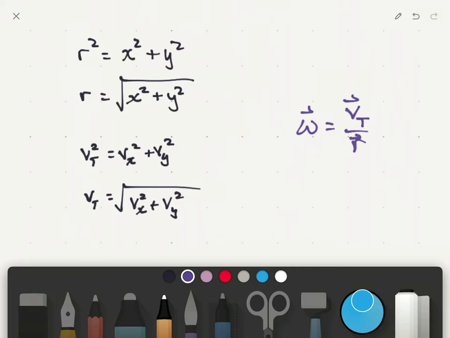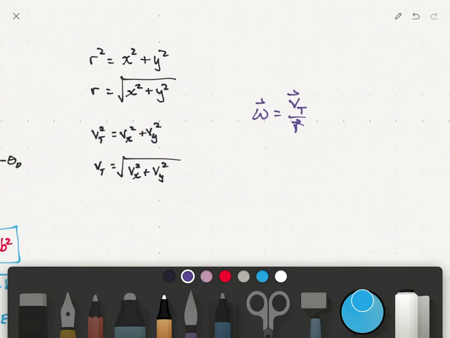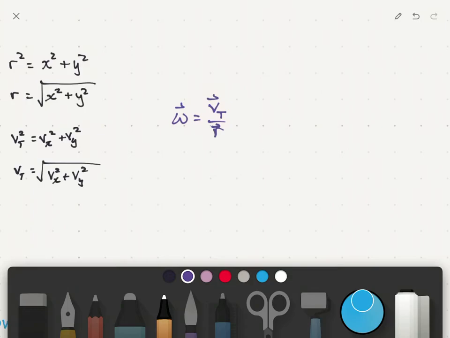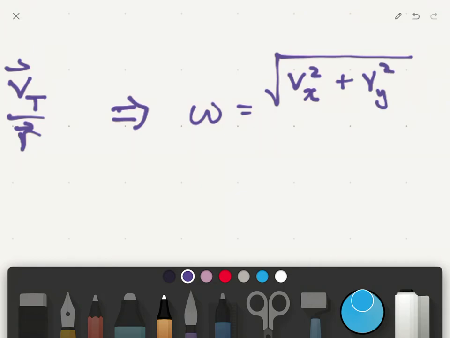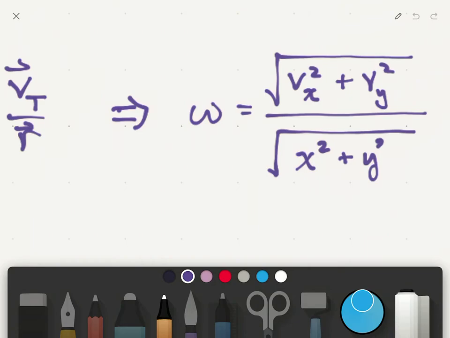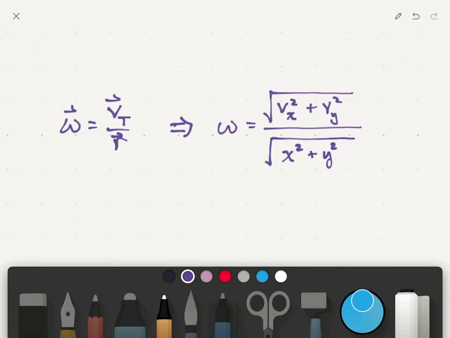Okay? So from here, we can just write omega equals the square root of the velocity in the x direction squared plus the velocity in the y direction squared, divided by the position in the x direction plus the position in the y direction, and we'll have our angular velocity.